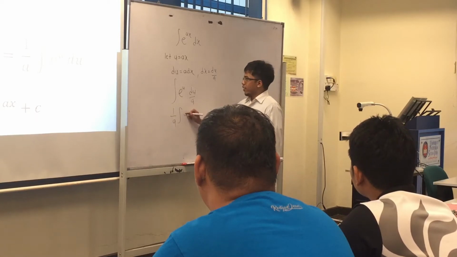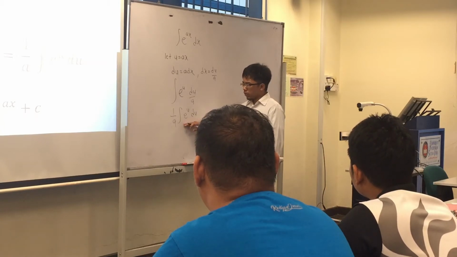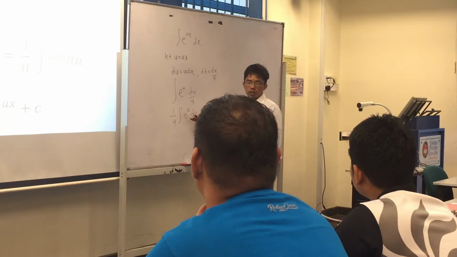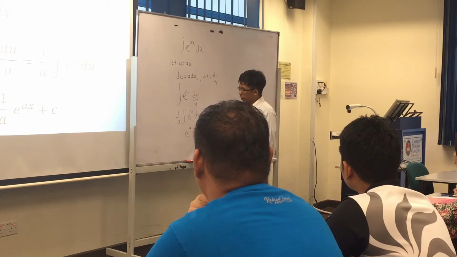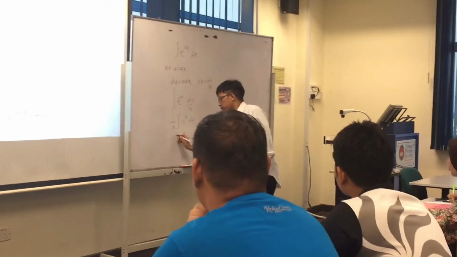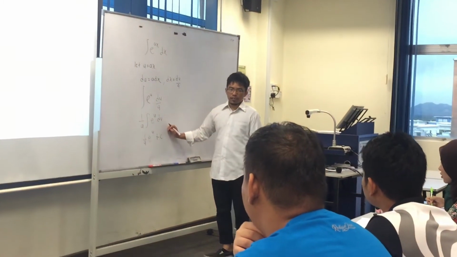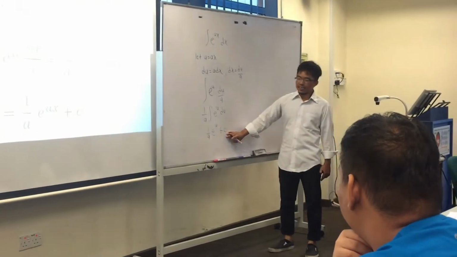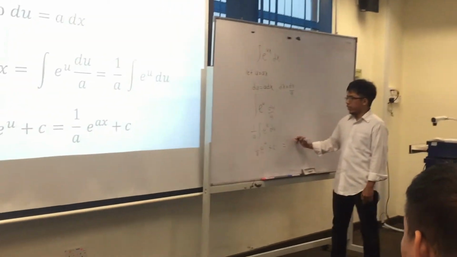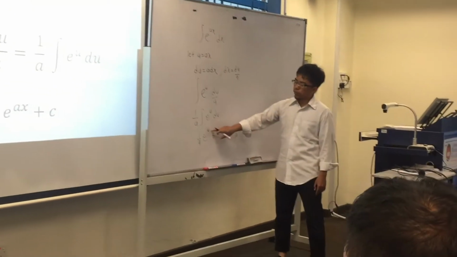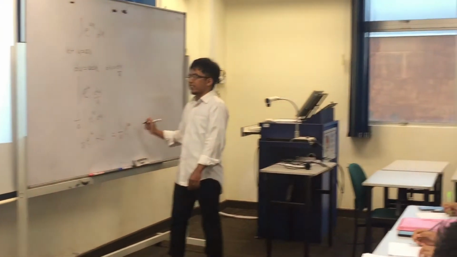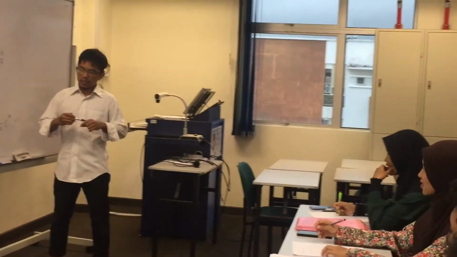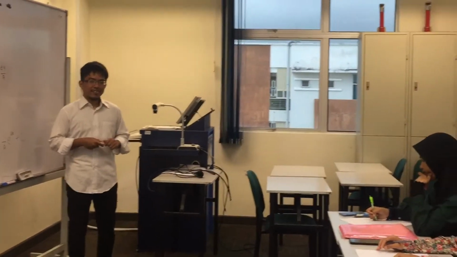We have this equation: the integral of e to the power of u gives e to the power of u plus c, times 1 over a. Do you understand this one? Yes. For the last step, we just substitute back what u is: 1 over a, e to the power of ax, plus c. Okay, do you understand? Yes. No question needs to be asked.